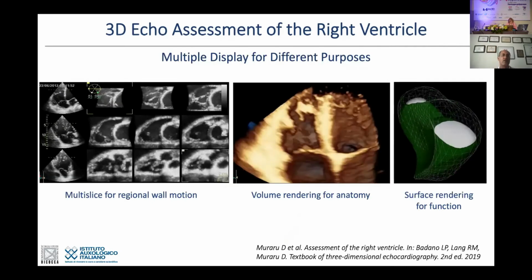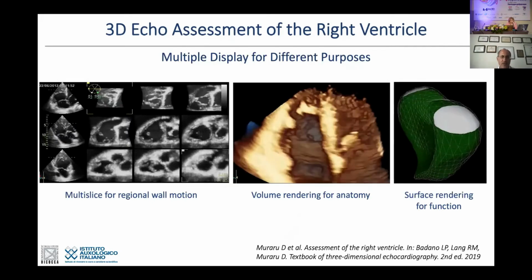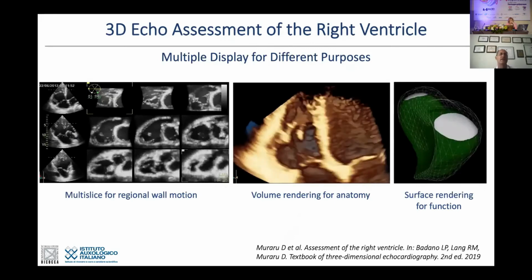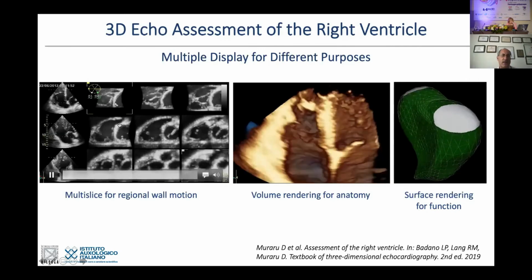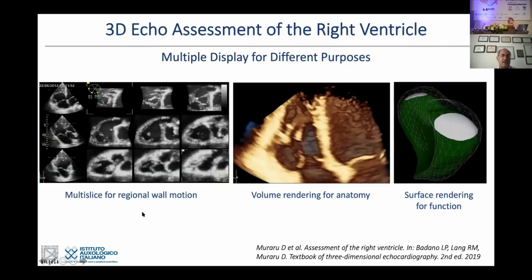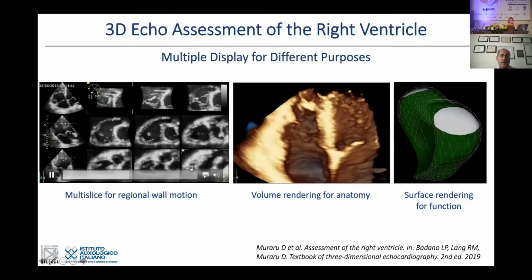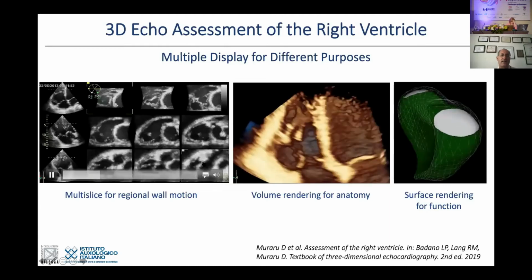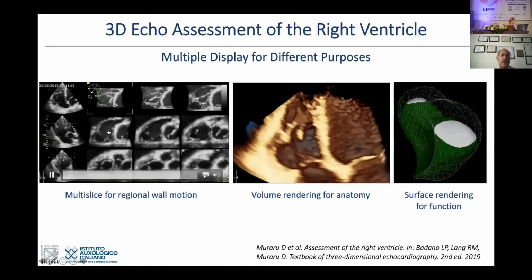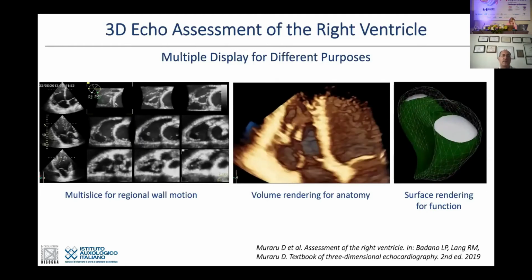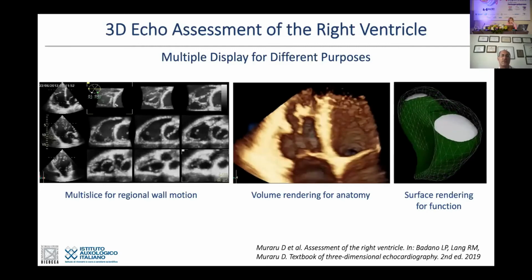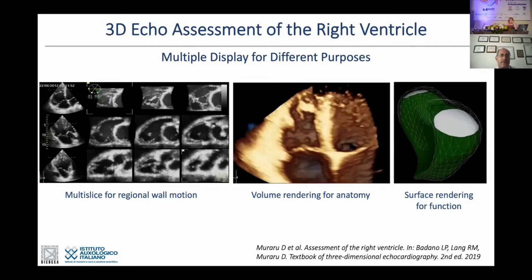We can have a multi-slice of the 3D dataset of the right ventricle, providing anatomically oriented short axis views that go from the most basal part here at the tricuspid valve up to the apex. And this is a phenomenal way of looking at the regional wall motion of the right ventricle to realize how it works.